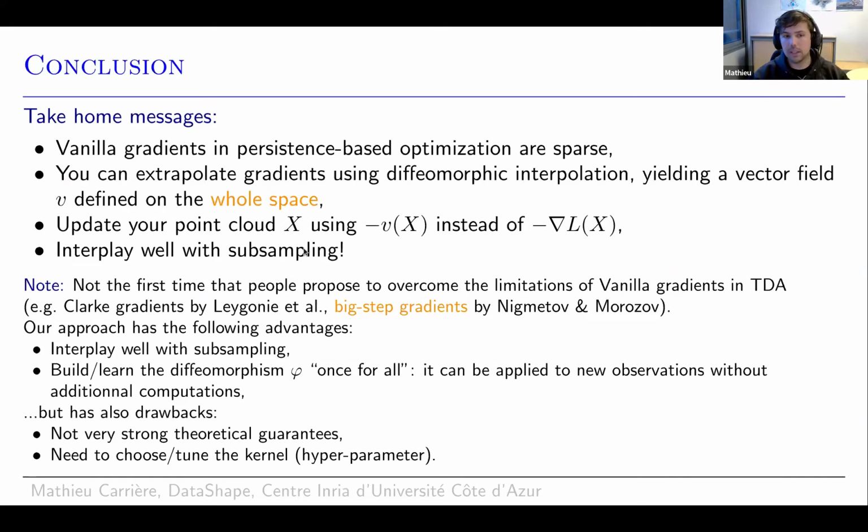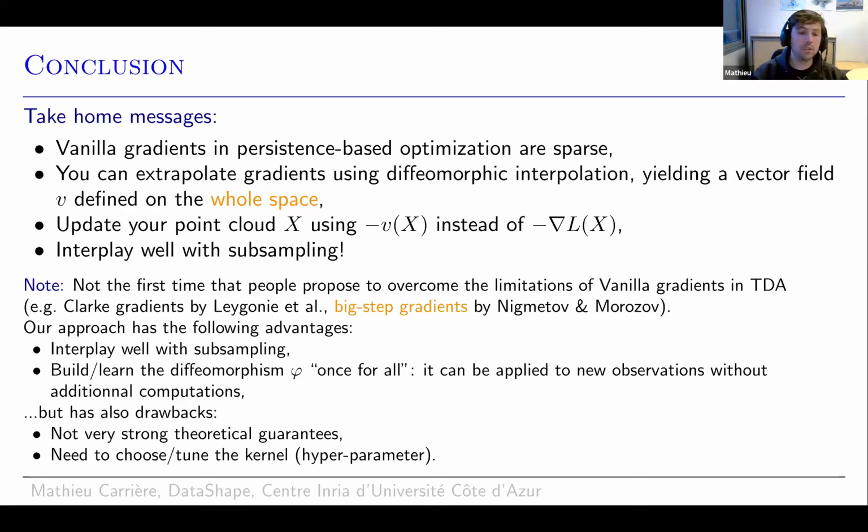Again, it also has a nice interplay with subsampling. If you want, you get the best of both worlds. You can subsample to compute the diagram super fast and then extend it to still have an optimization that also goes fast.